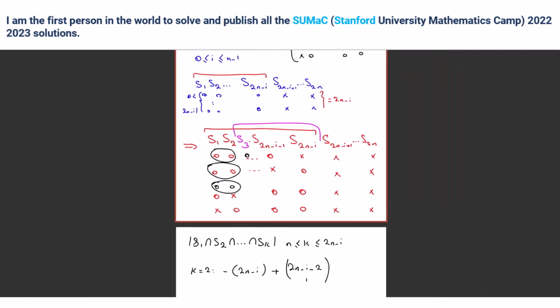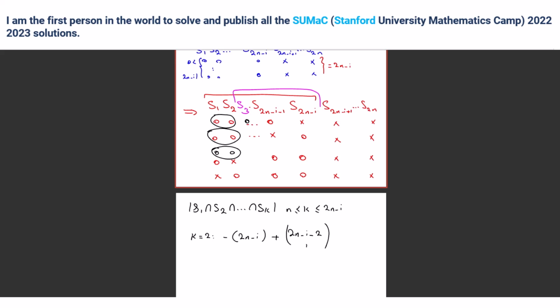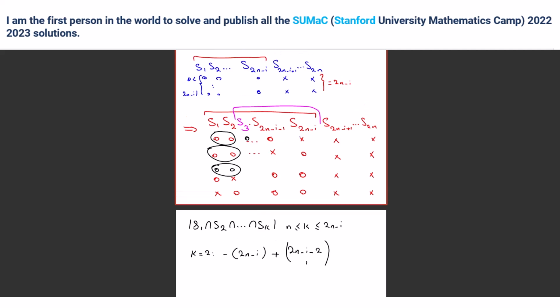Isn't it always one cross in the interval outside? Yes, because you remove S1 to S2n minus I. Yes, only one cross. The cross is here. This is the cross that you create. Yeah, there's only one cross in each row. So why isn't it always just choose one?